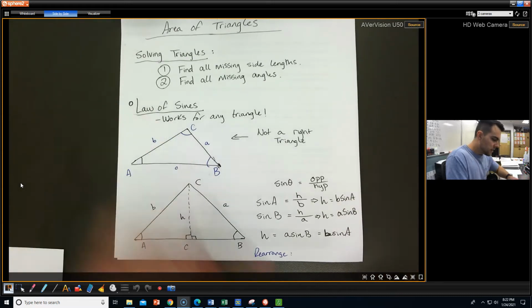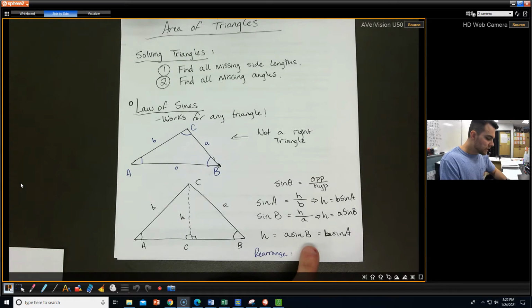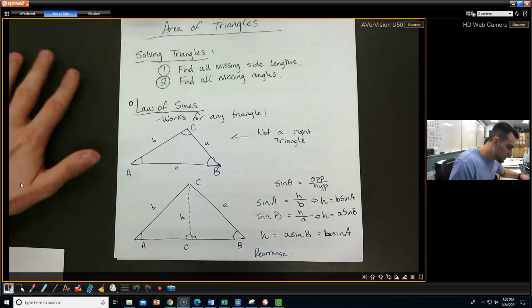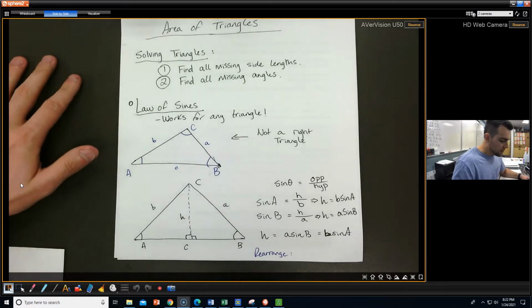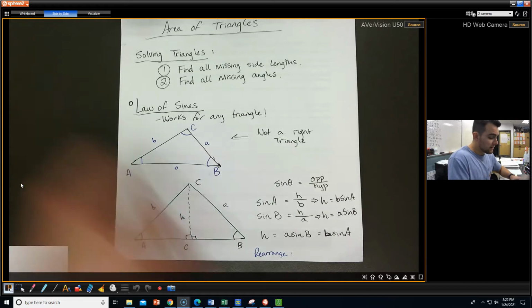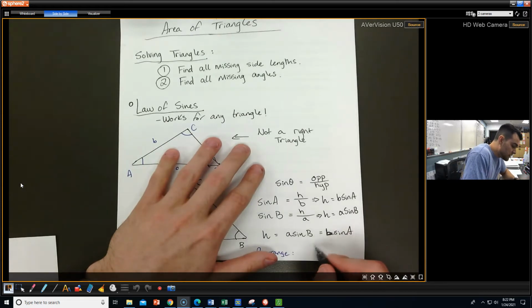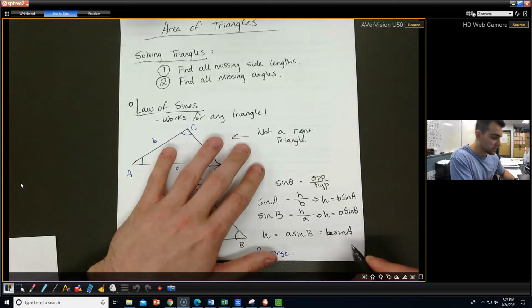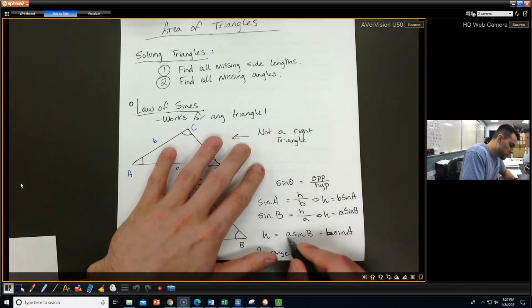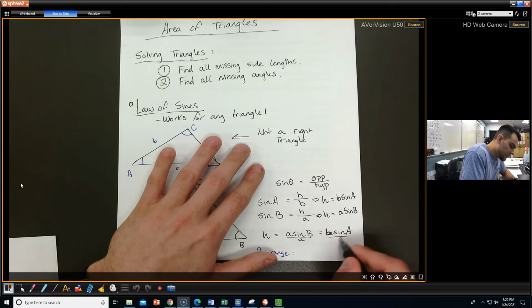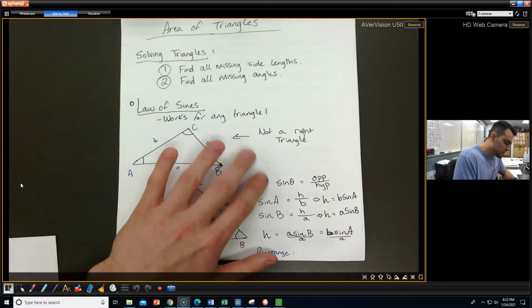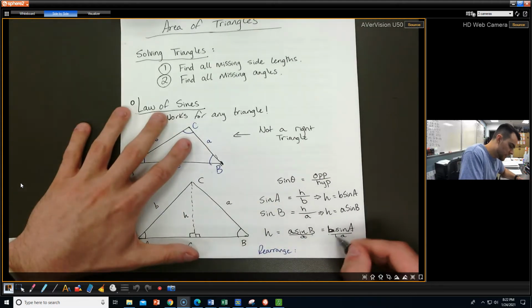And actually, if I rearrange that a little bit more, I could divide both sides by a, and then I could divide both sides by b. So if I did that, the a's would cancel, and then if I divided b and b from both sides, the b's would cancel here.